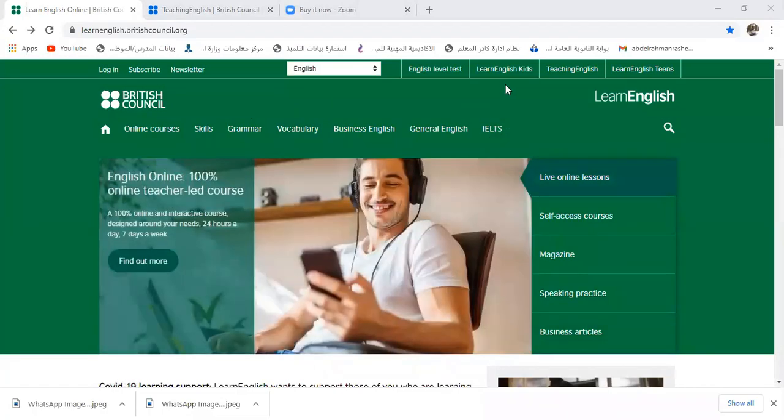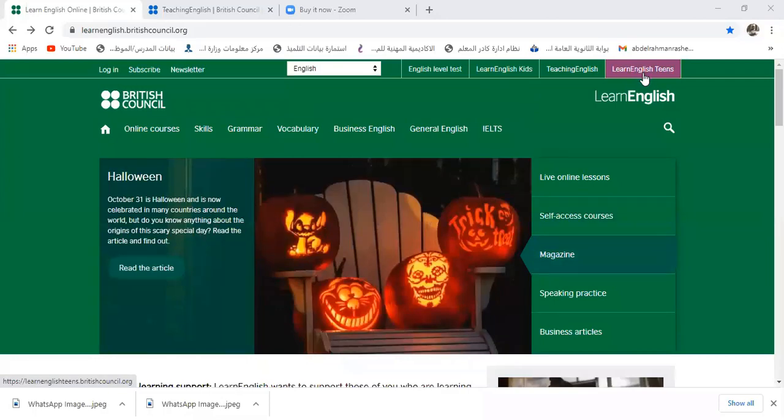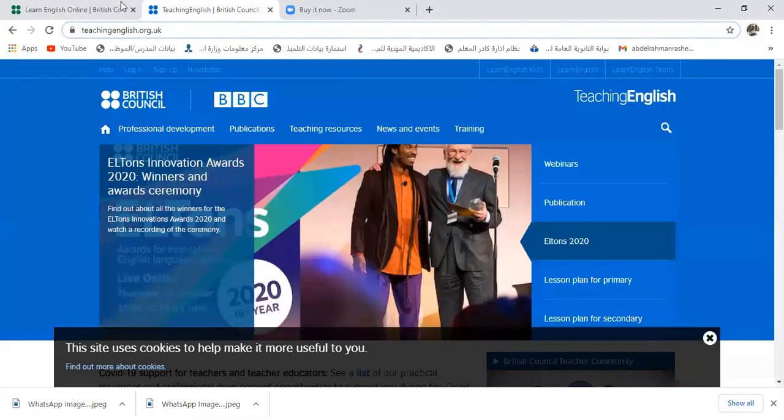You can find Learn English Kids for young learners, or for teens, for adult learners. This is for primary stage, and this is for prep and secondary stage. You can find out another tab here. This is Teach English, which you have already opened here. So you can go to Teach English through this tab.